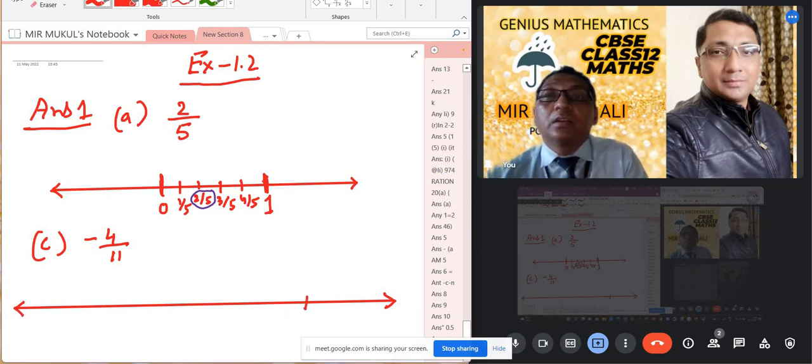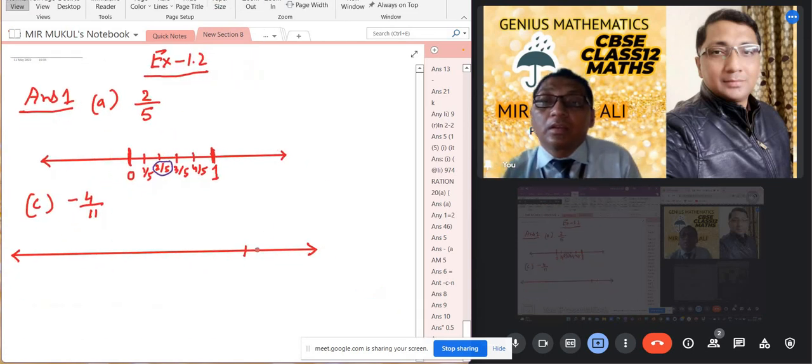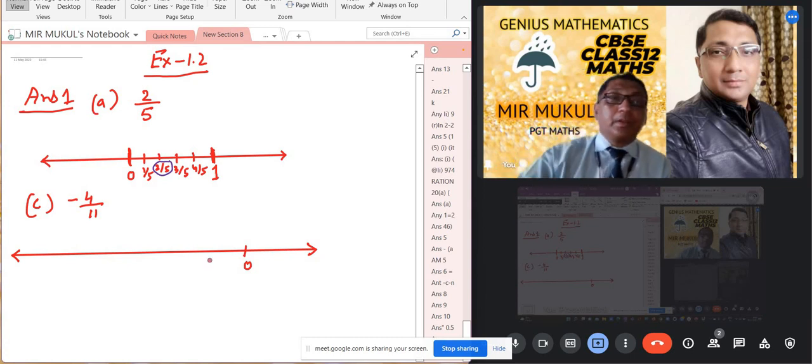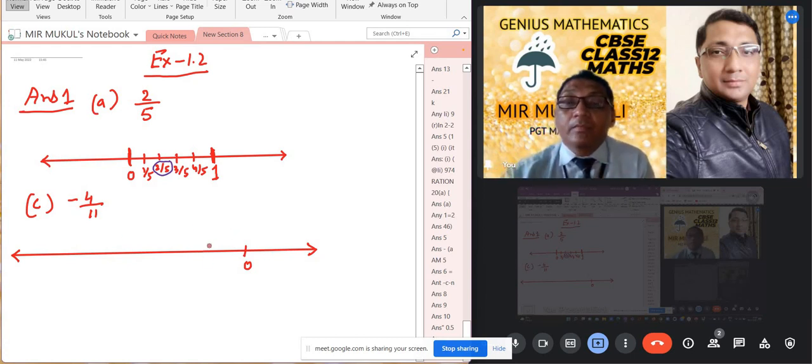Understood? So here I am putting 0, and this right side is positive and the left side will be negative. So here 11. So 1 centimeter, take minus 1 by 11.